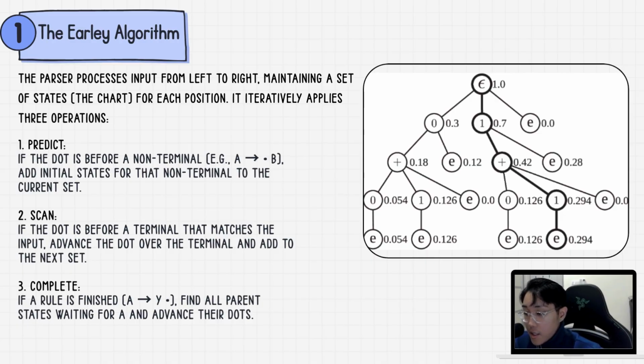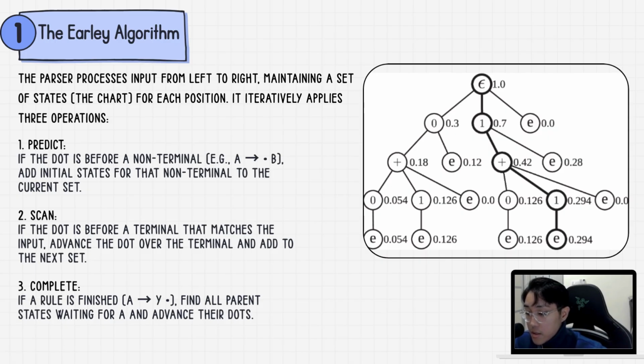Secondly, the scan. If the dot is before a terminal and that terminal matches the next input symbol, the dot moves forward. This means that the parser successfully reads that terminal and adds the updated state into the next chart set. And then finally, the complete part.